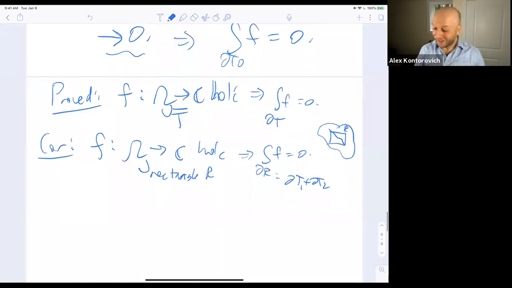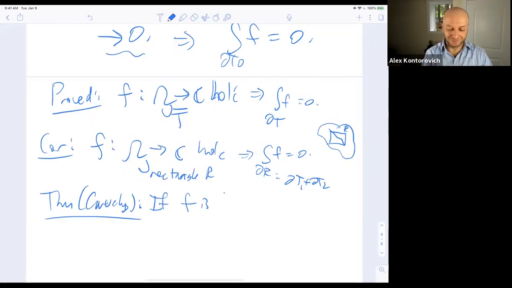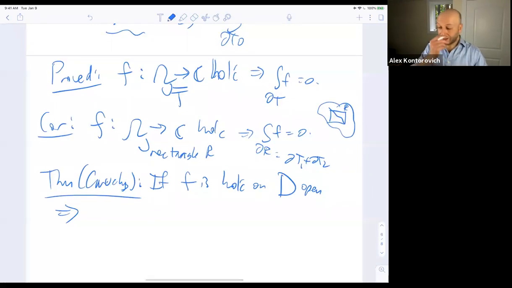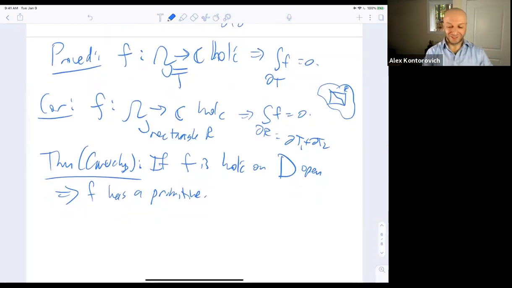All right. Now we get a really cool theorem. If f is holomorphic on an open disk, then f has a primitive. So here's a disk somewhere.